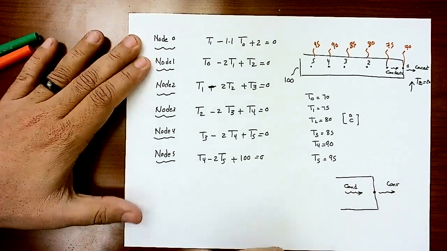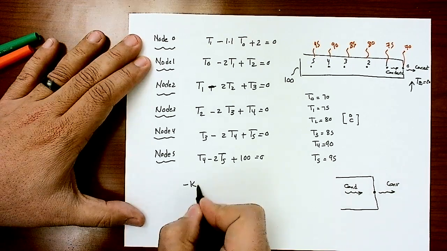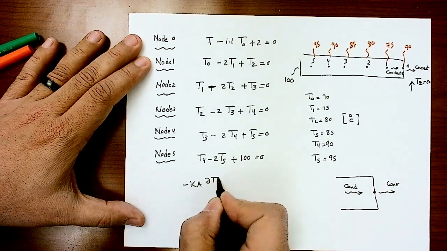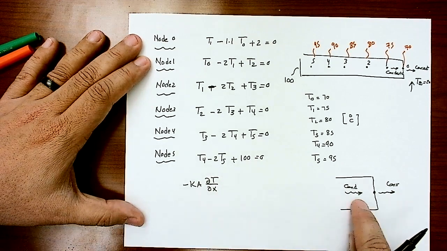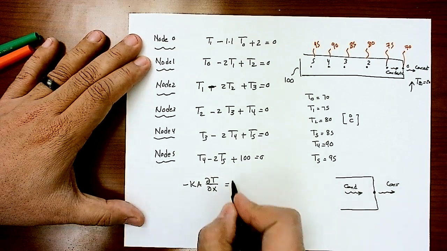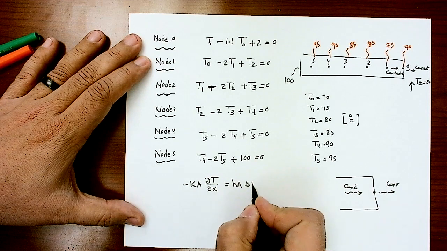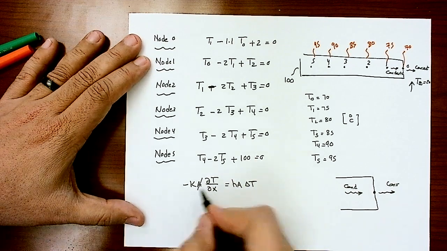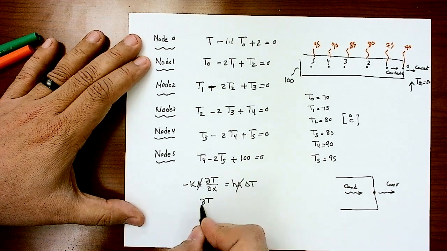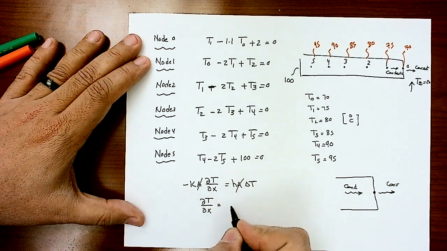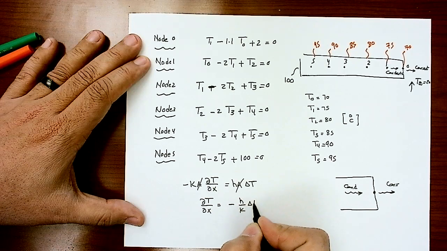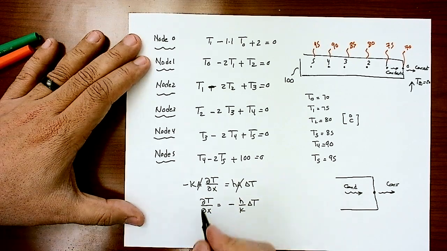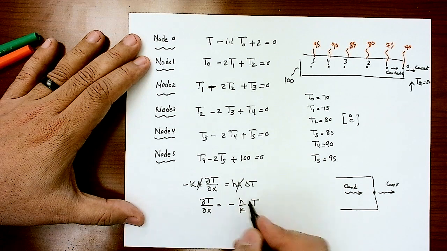So how do you calculate the conduction? Fourier's law: minus K A partial T by partial X. And this conduction should equal the convection, which is H A delta T. You cancel the A, and you can say that partial T by partial X is equal to minus H over K delta T, which means that partial T by partial X has a value here, right?